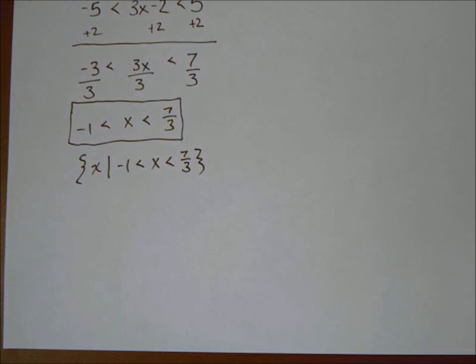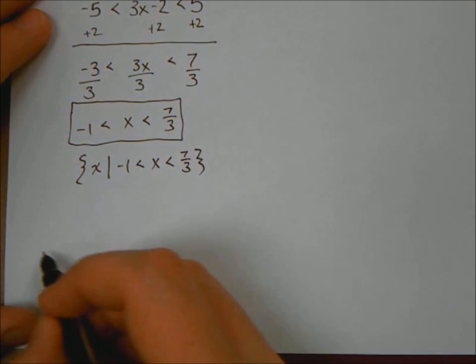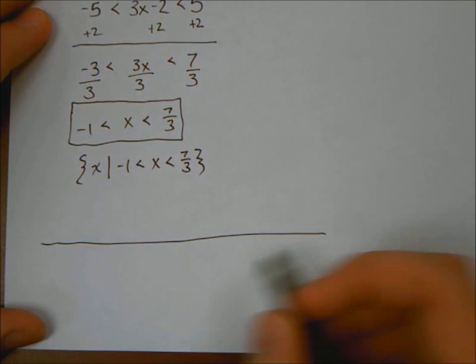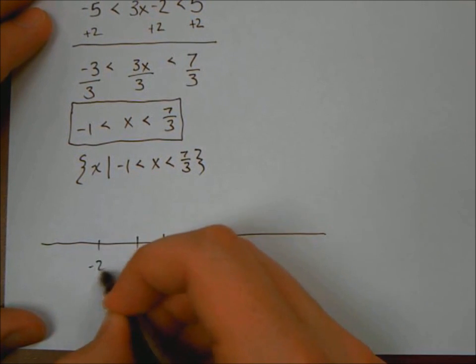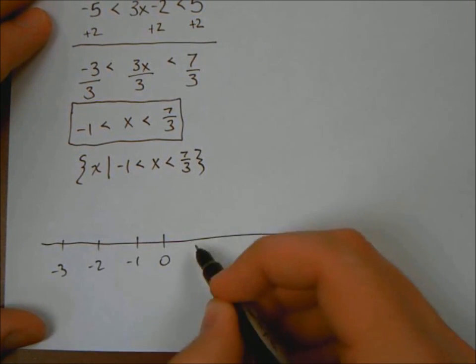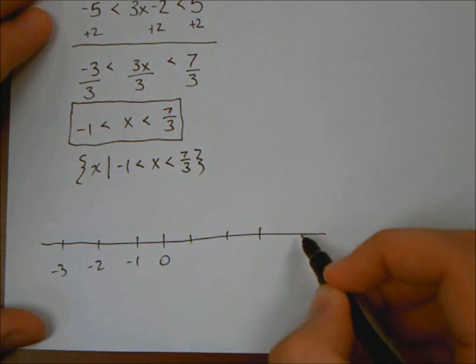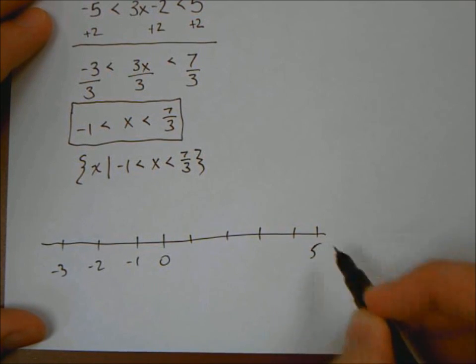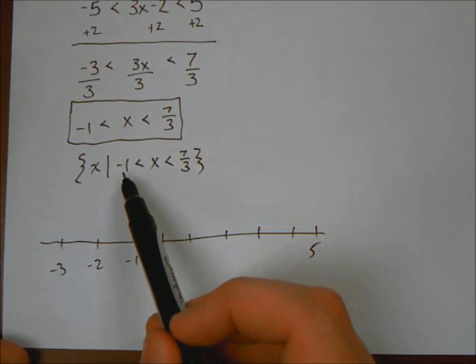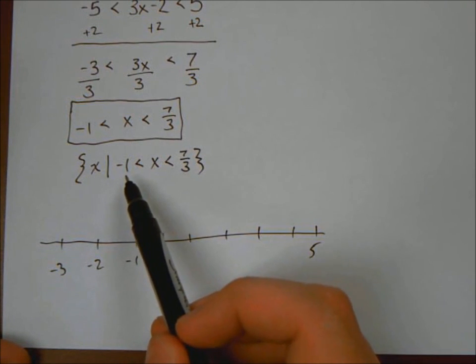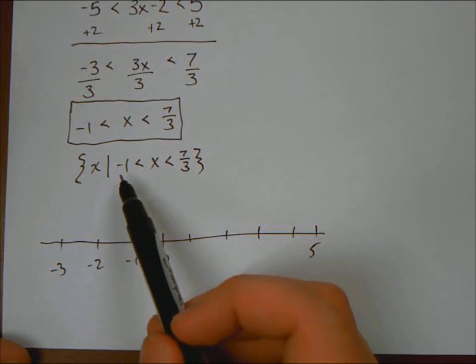The final way is using a number line. Here we have 0, negative 1, 2, 3, 1, 2, 3, 4, 5. So we have our number line. Now, I know I'm going to put a dot at negative 1. In absolute value equations, because they were equal, I put a solid dot.